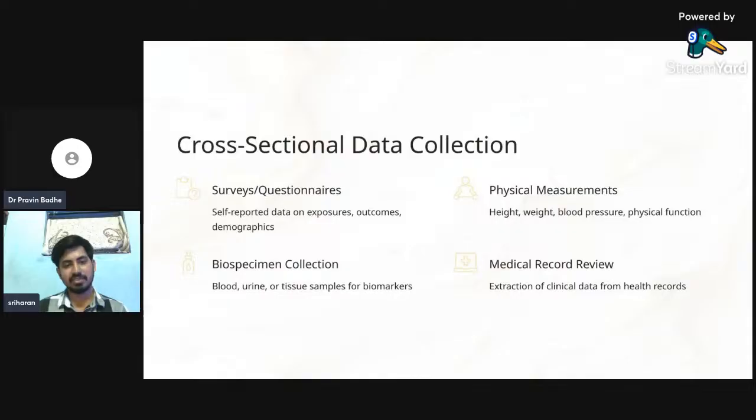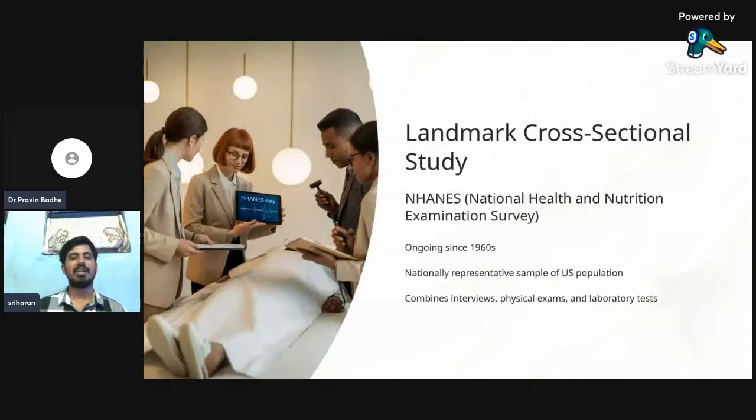While doing a cross-sectional study, for example, if you are studying obesity, you definitely include the BMI. For hypertension, you definitely include height and BP in your physical measurement data collection form.